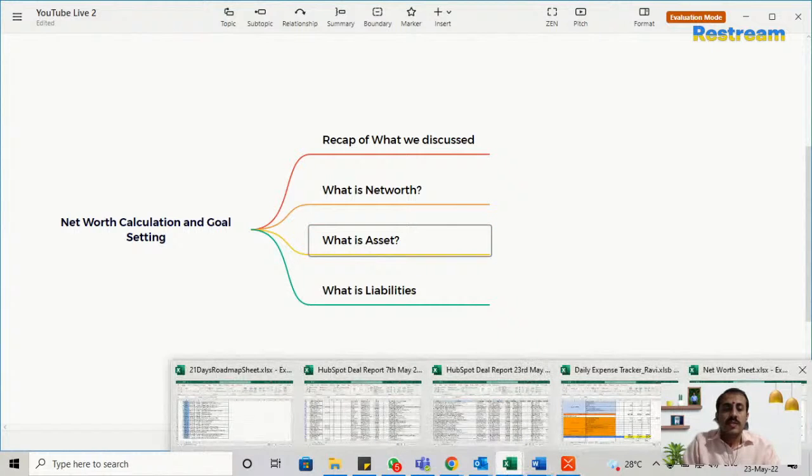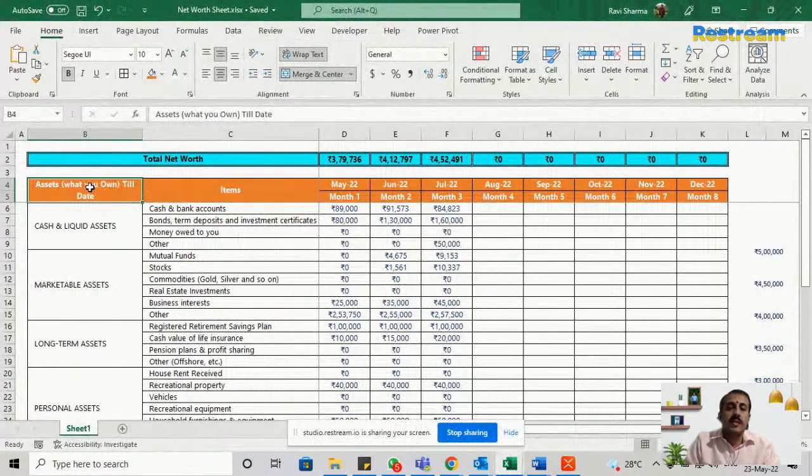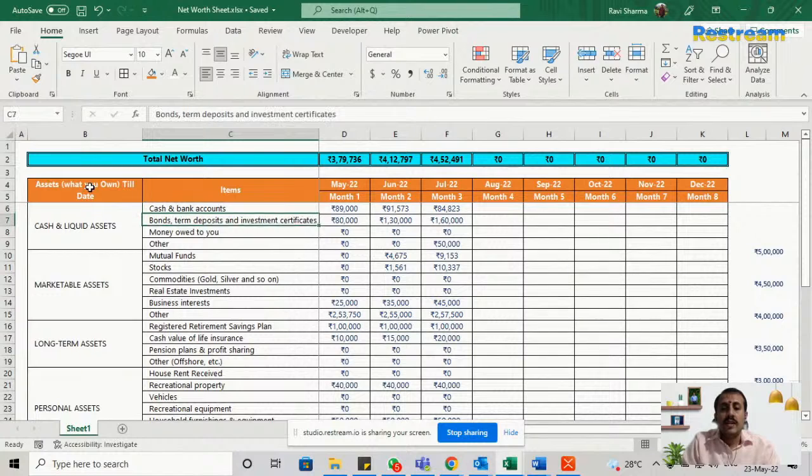So this is the net worth calculation sheet, for example. The assets include cash and liquid assets, like how much cash balance you have on hand or in the bank, and bonds and term deposits or any investment certificates, what is the worth of those currently, and money owed to you.